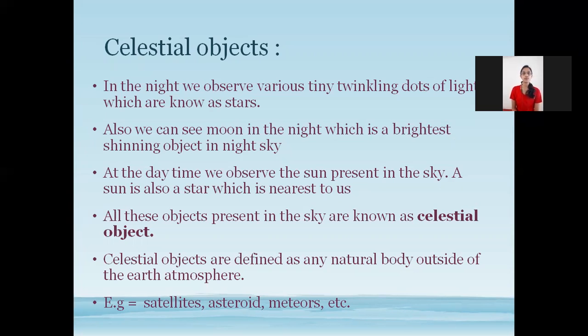In total, all this is called celestial objects. All these objects present in the sky are known as celestial objects. Means at night time we see stars, moon, planets, and at daytime we see the sun. Together they are called celestial objects.